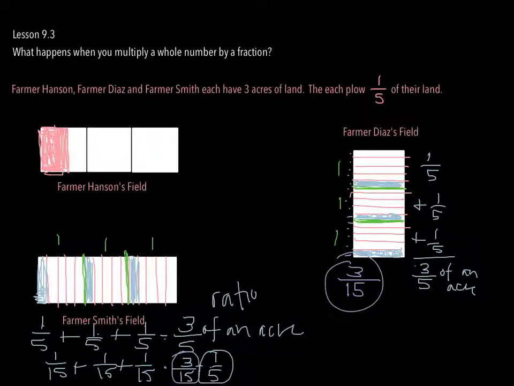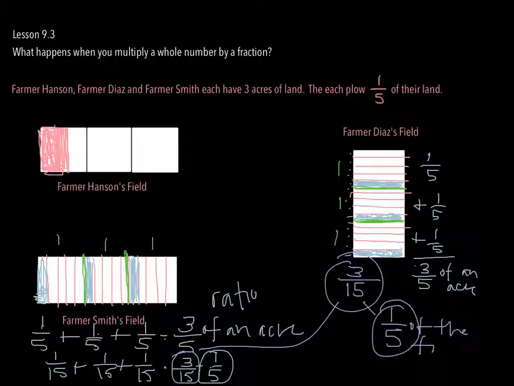Yeah, we saw it right here. If 15 and 3 are both divided by 3, 3 divided by 3 is 1, 15 divided by 3 is 5. So we have 1/5 of the field. 1/5 of the field has been plowed for, I don't know, planting donuts or something.